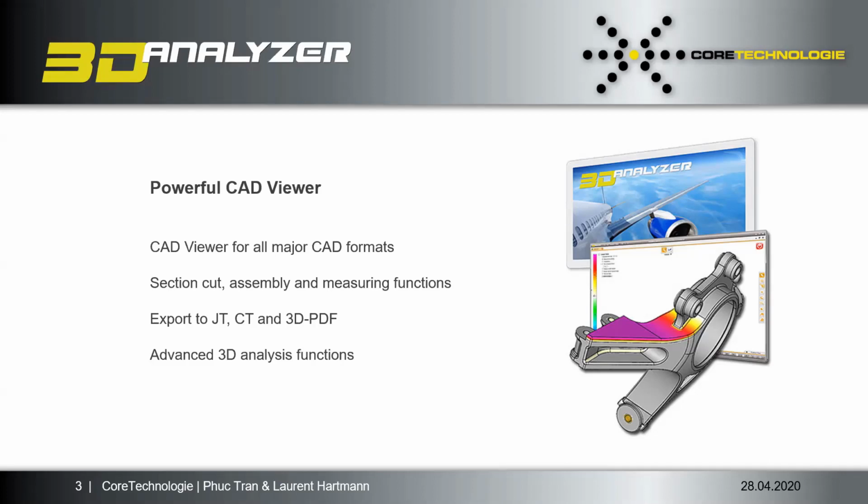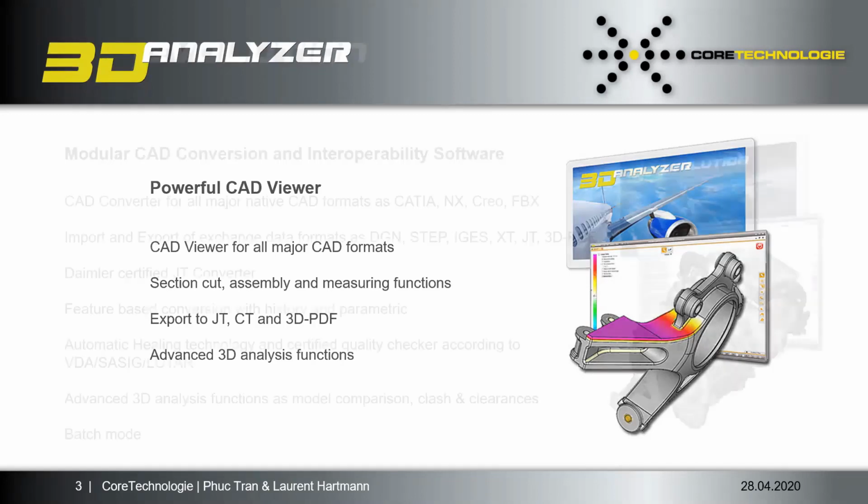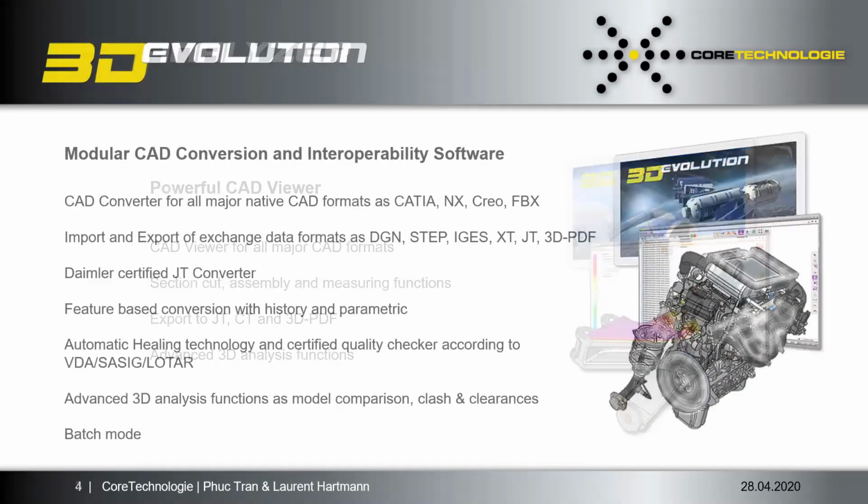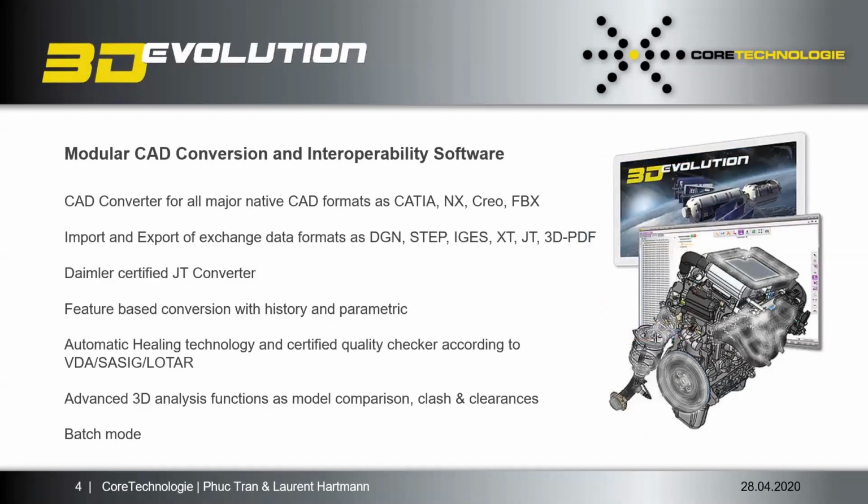This cost-effective CAD viewer is a standalone tool, and next to it we have our flagship 3D Evolution to convert files, for example from CATIA, NX, Creo, FBX, SolidWorks, Inventor, and more, which are supported in this software.